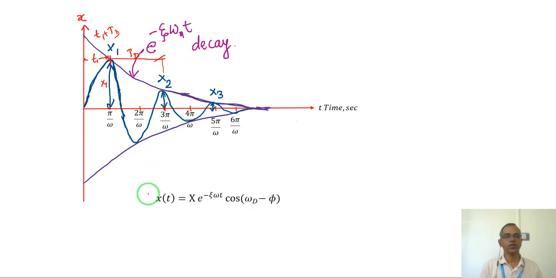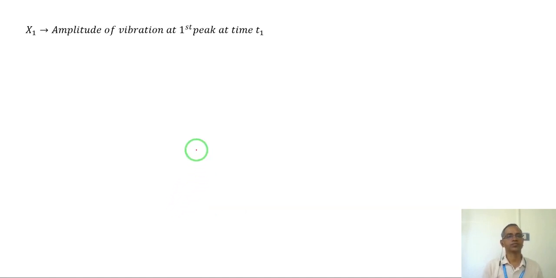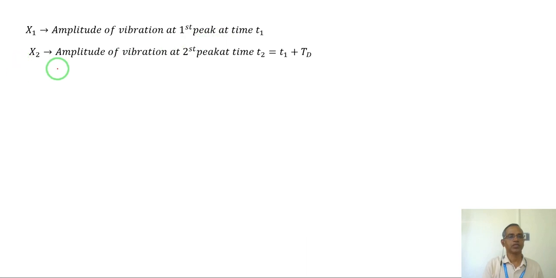Now, x1 is the amplitude at the first peak, x2 is the amplitude at the second peak, and that time t2 is equal to t1 plus Td. If I substitute into the response, the total amplitude times e to the power minus xi omega t, that is the first.